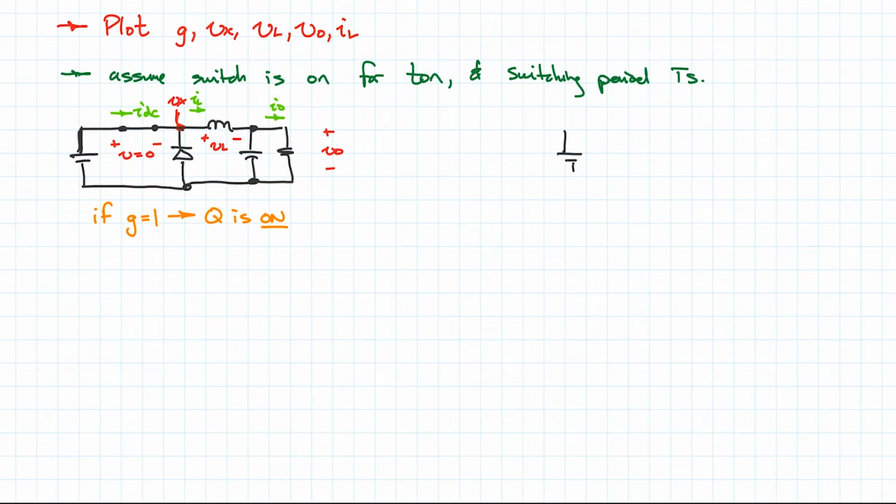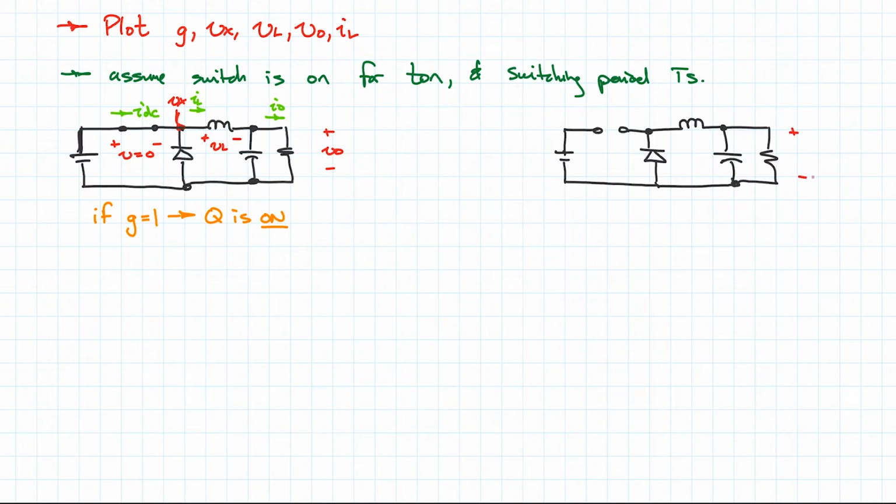If the switch is off, we have a fairly different circuit in functionality, because now our input is no longer connected to our output, and the circuit has to do its own thing depending on the elements that are present here. So we have this type of setup.